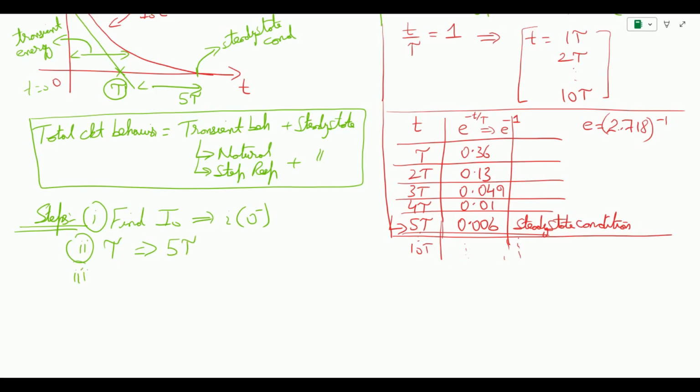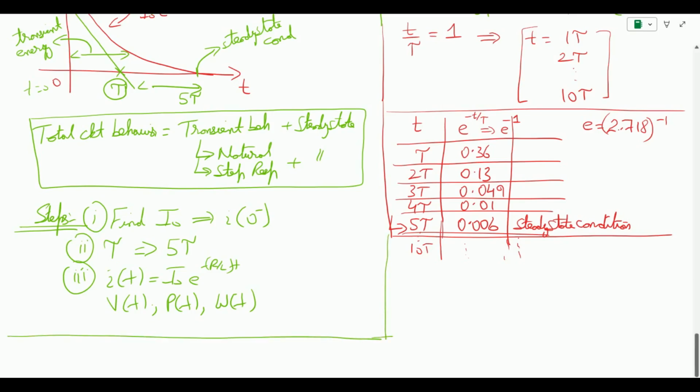And finally we find the steady state condition, which is I of t's equation, which is I naught e raised to power minus R by L into t. Same can be said for voltage, power and energy, the equations that we have seen till now. So this is how we can find the steps needed to solve any electrical circuit involving RL combination.